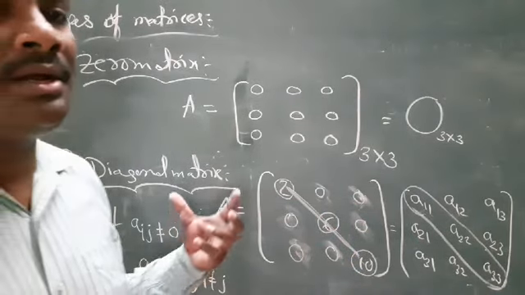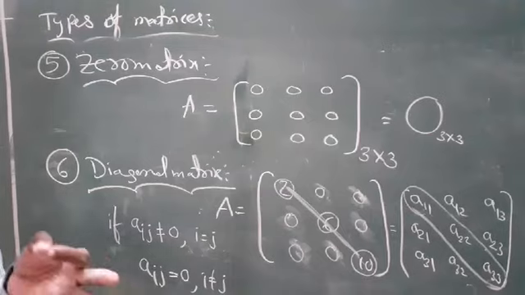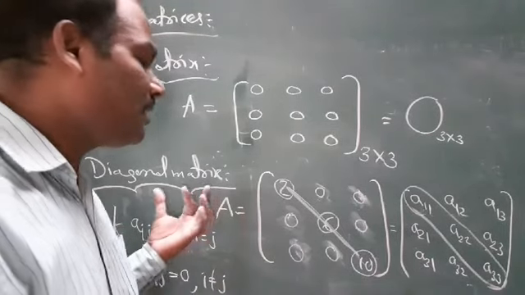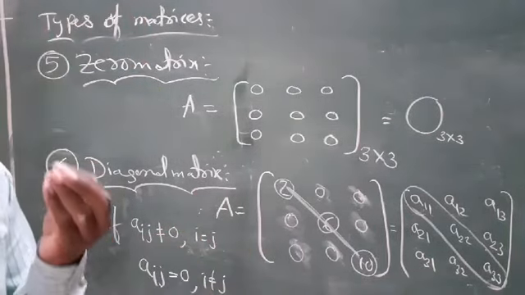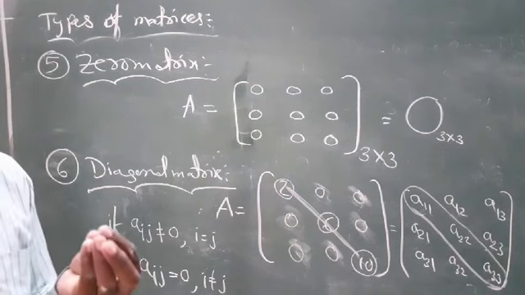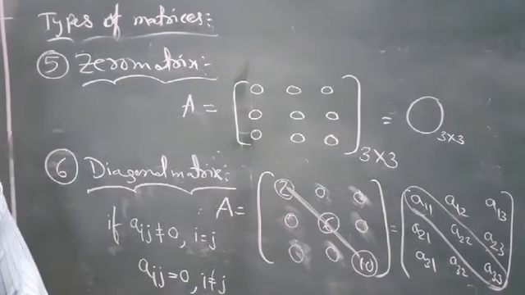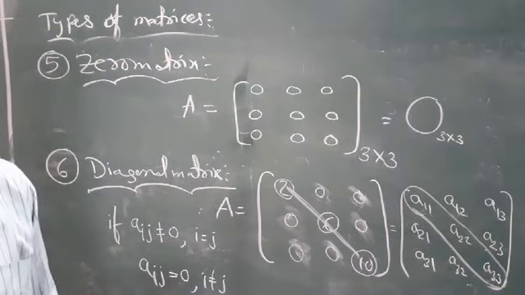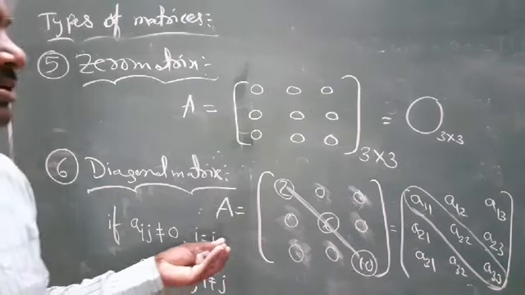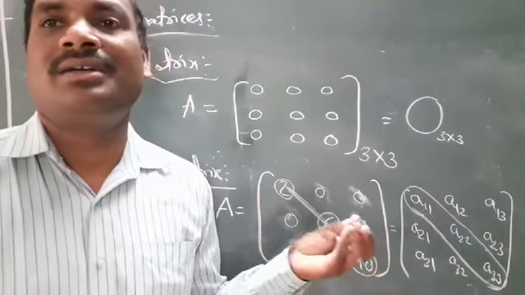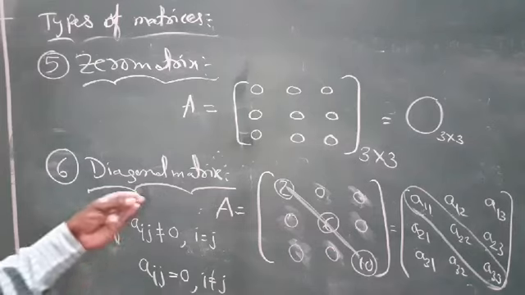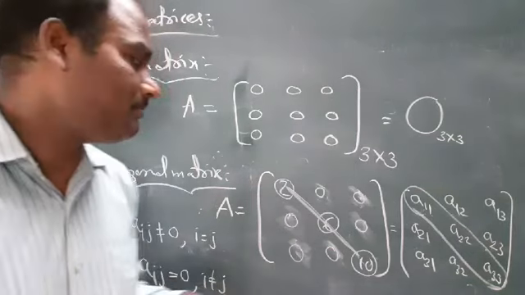This is called a diagonal matrix. Most important: the elements of the principal diagonal are non-zeros and the remaining elements are zeros. This is called a diagonal matrix.